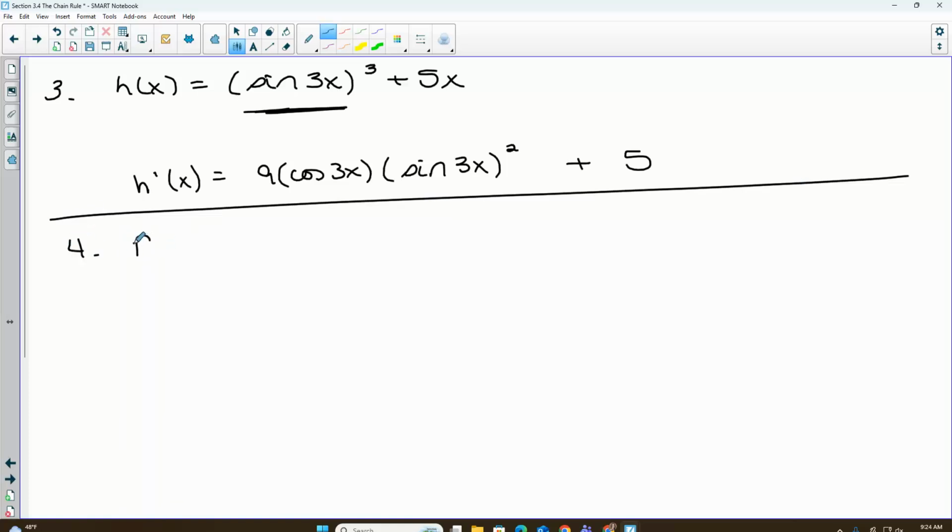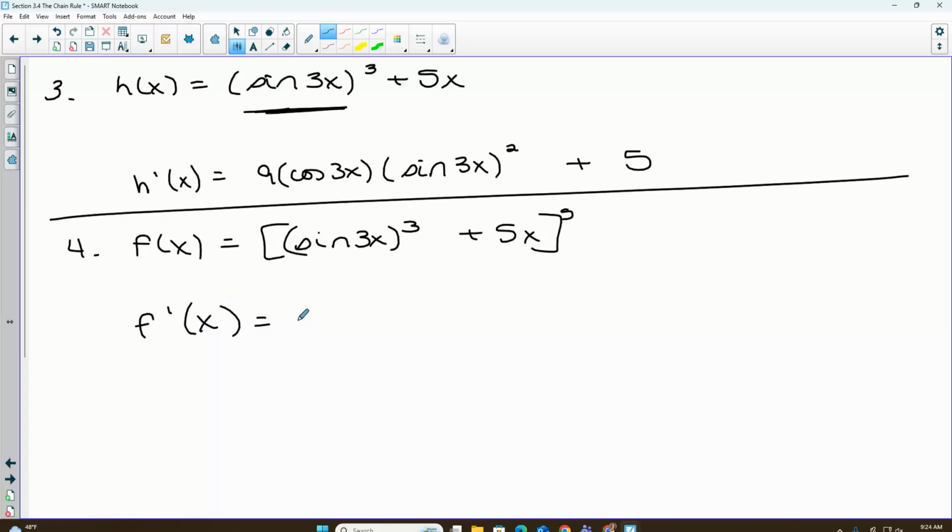Number 4. We have the sine of 3x cubed plus 5x to the 5th. So, when you do your derivative, exponent comes down, inside stays the same, subtract 1 from the power times the derivative of the inside.